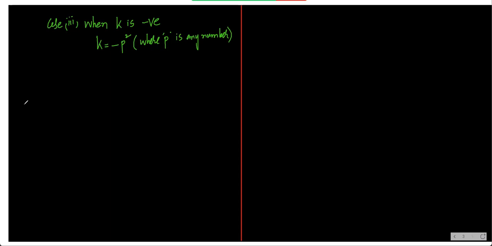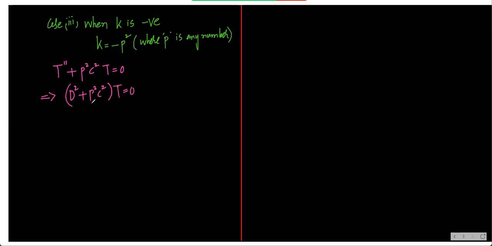So let us write T double dash plus p square c square into capital T is equal to 0. Like the previous concept, I want to convert it into the operator form. That operator form is D square plus p square c square of T is equal to 0.